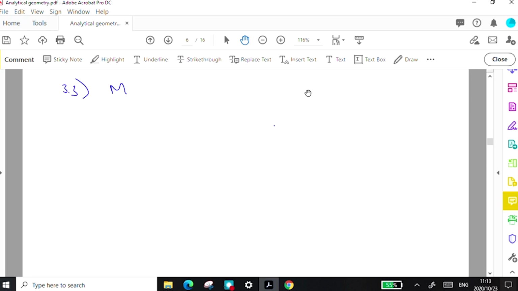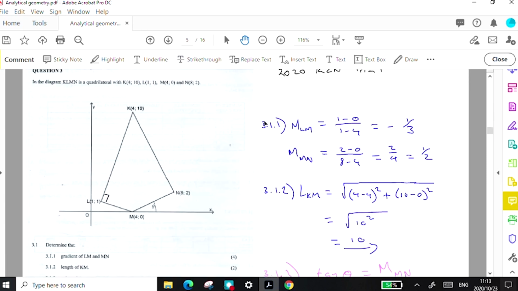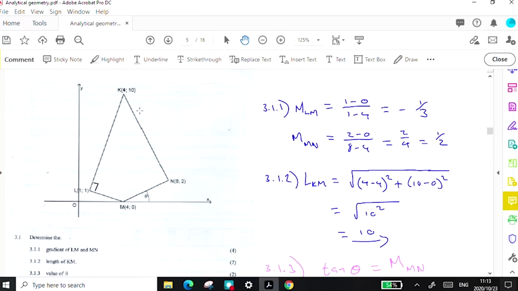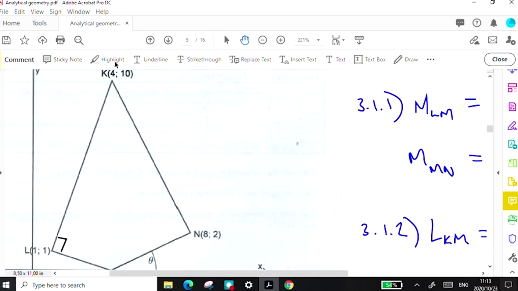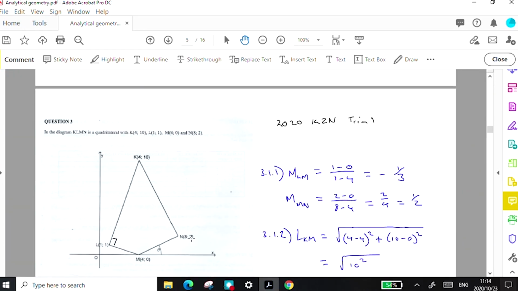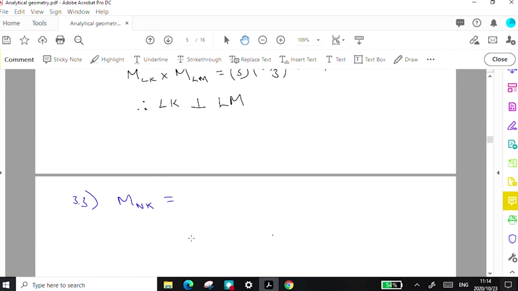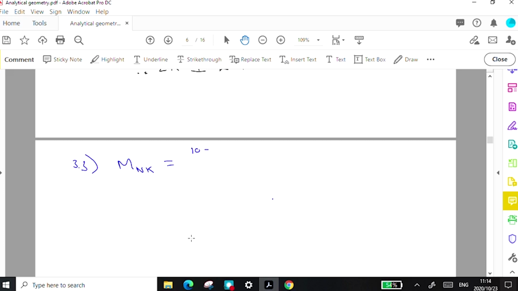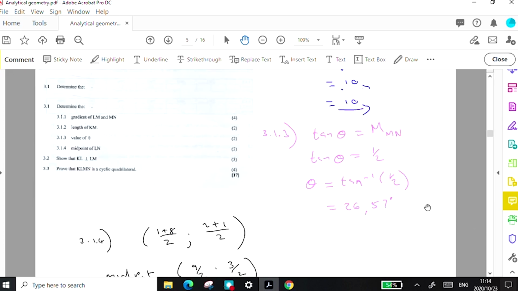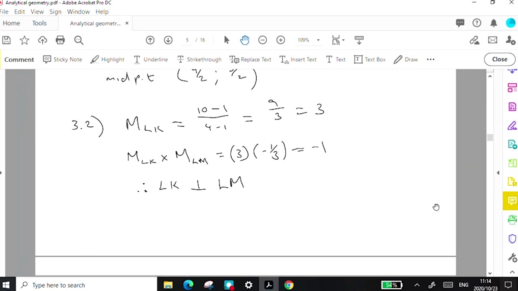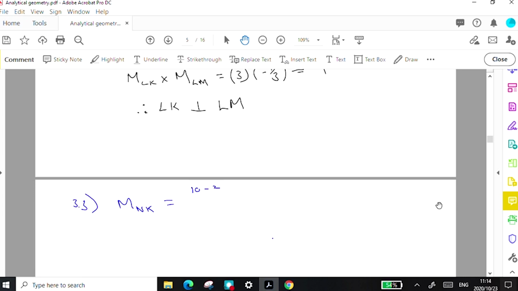This is change in y, so we have 10 minus 2 over change in x, 4 minus 8.